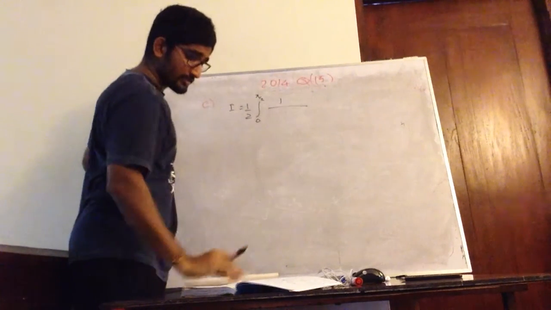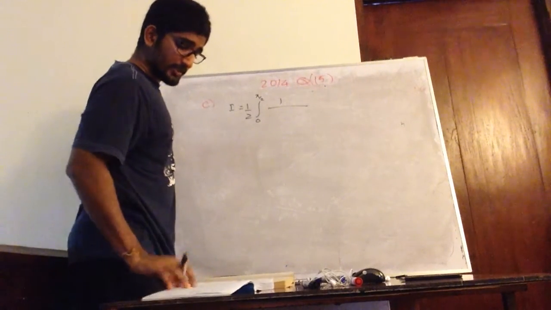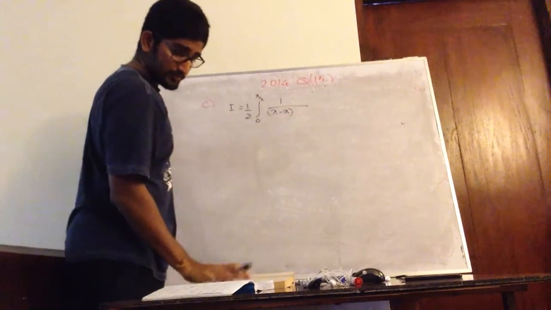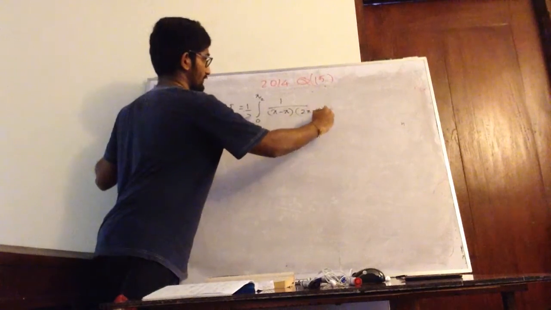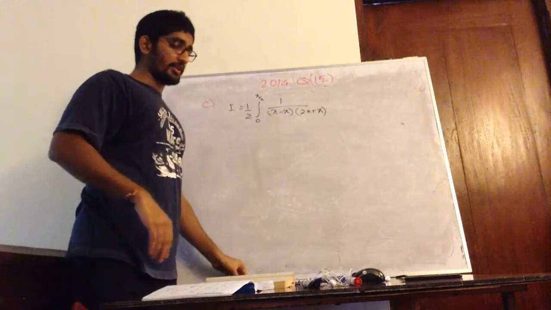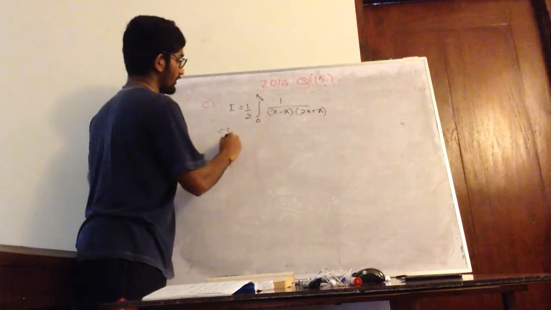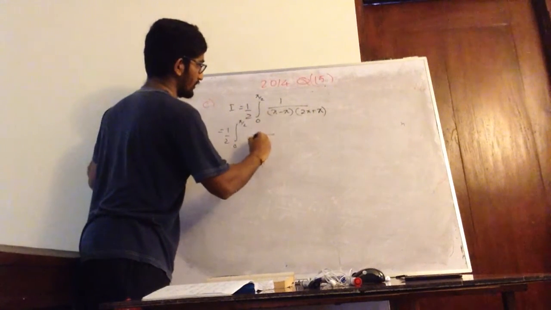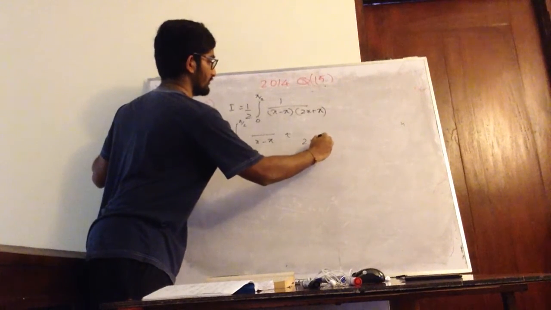What is P(x)? P(x) is x minus 5 times 2x plus 5. Now you can get the partial fractions straight away: half, integral from 0 to 5 over 2, of 1 over (x minus 5)(2x plus 5).